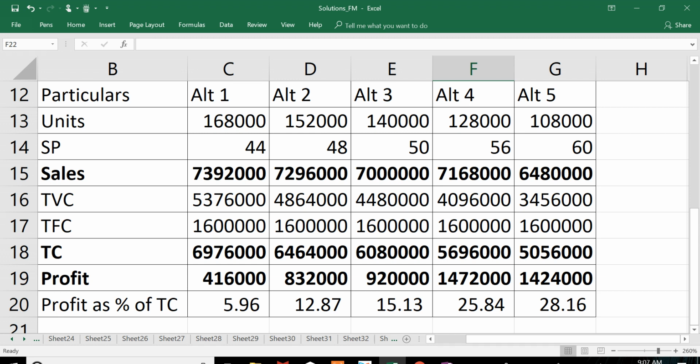Now write the conclusion. The company should fix a price of 56 per unit to yield a maximum profit of 14,72,000.